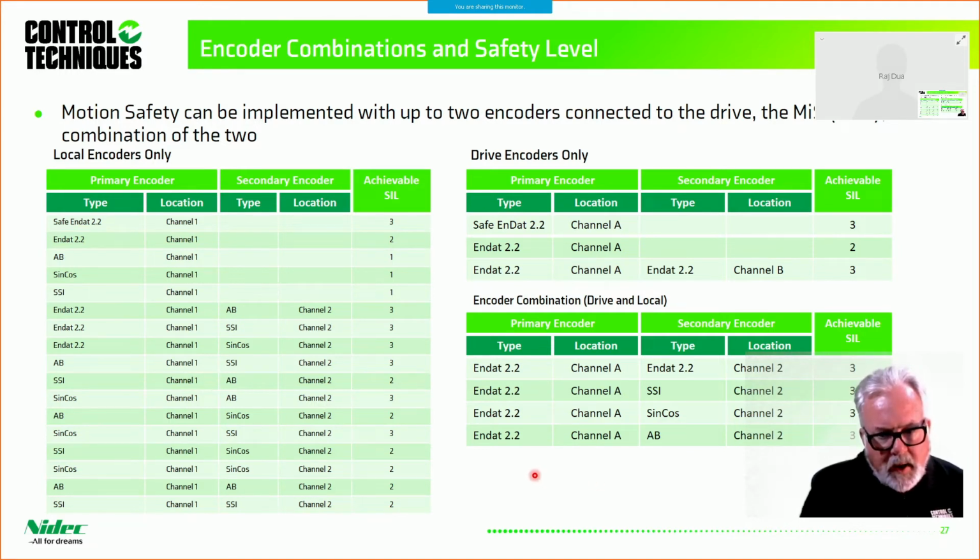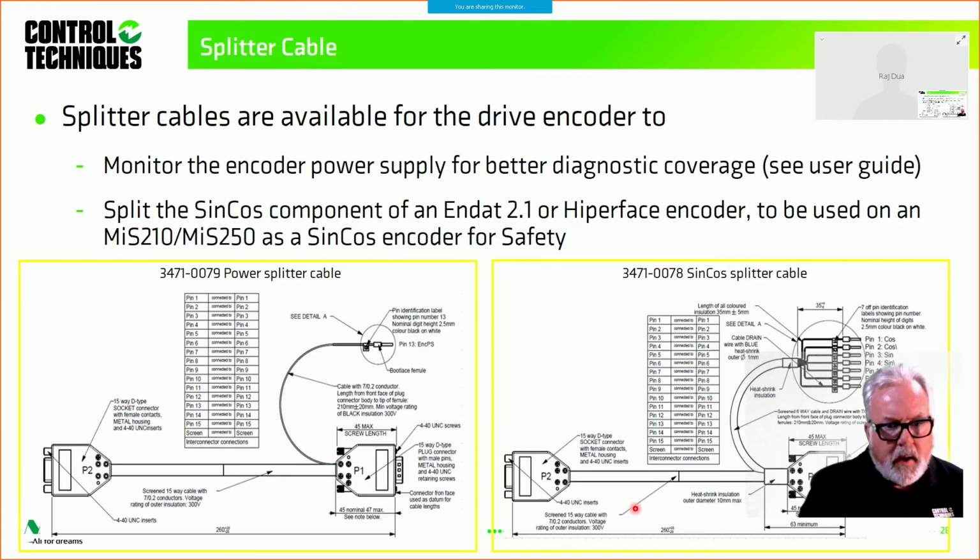So the combination of encoders is very important when it comes to using this particular module. My advice is if you have a new application coming up, I would just make sure that the motor you've chosen is NDAT 2.2 for the feedback. That's the easiest way to go, if you ask me. So encoders are supported that way.